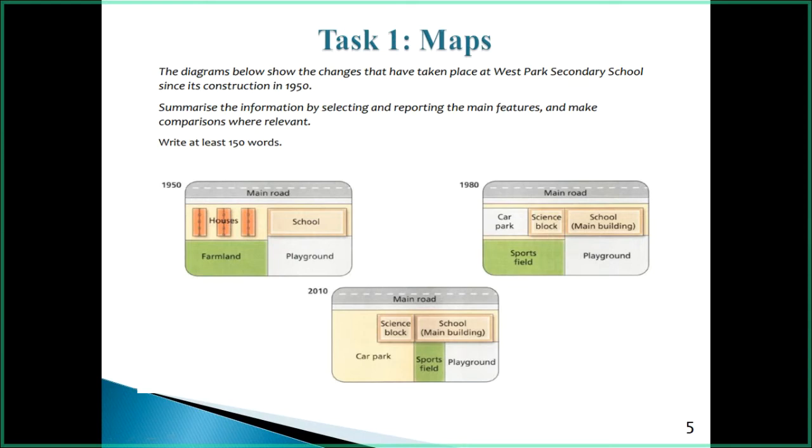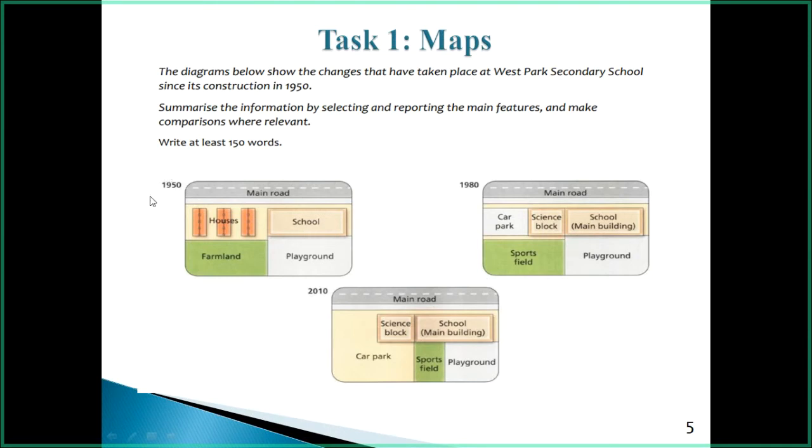You can use it without changing. Or you can also say at a particular secondary school, at a specific secondary school. Since its construction in 1950, since it was built in 1950, or since 1950, or you can also say for the last 60 years, so for the time period of 60 years. You can use either word, either phrase. So this is your introduction.